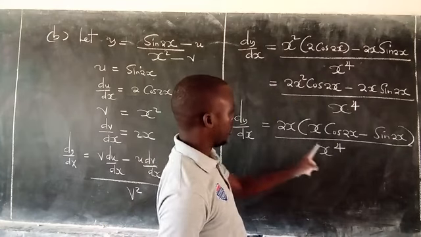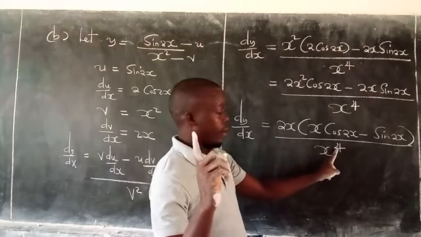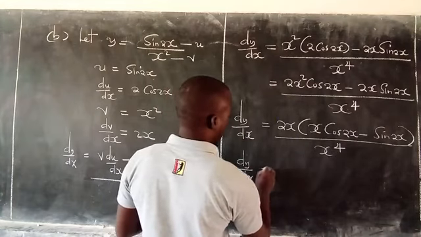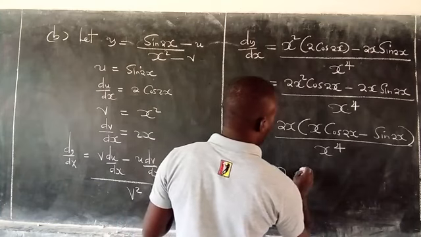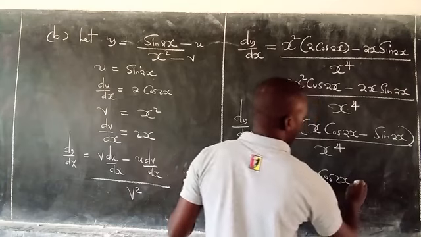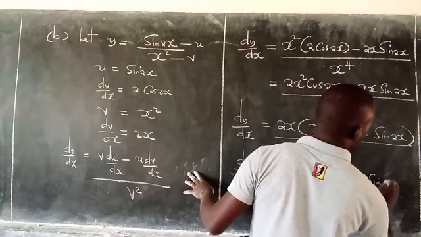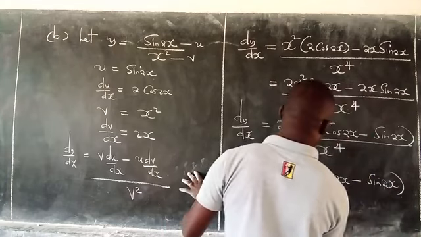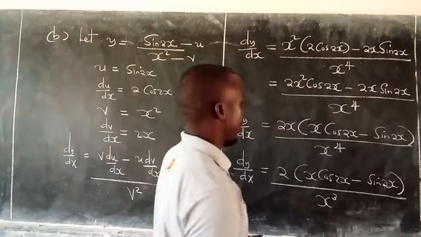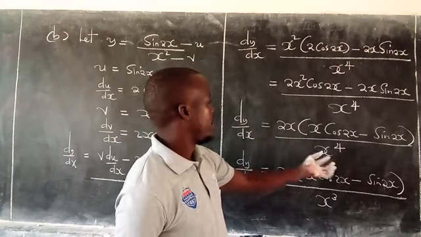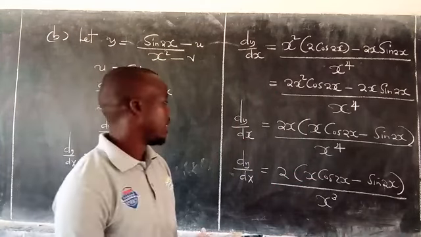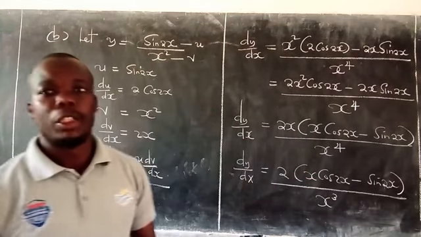So the x cancels here, reducing this by 1, so that I have dy/dx as 2 into brackets x cos of 2x minus sine of 2x, all this now divided by x power 3. Why? Because we reduce x power 4 with this x here. And that gives us our answer for that expression.